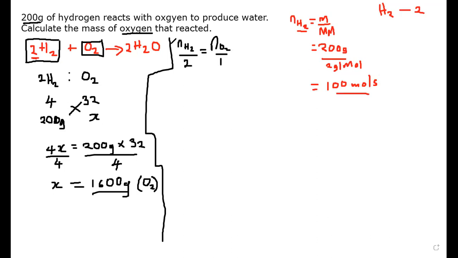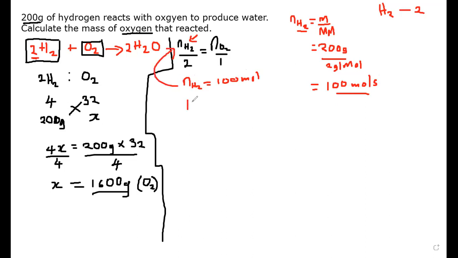So if I know the number of moles of hydrogen, then I should find the number of moles of oxygen. The number of moles of hydrogen, which I know is 100 moles, I will substitute in the formula above.